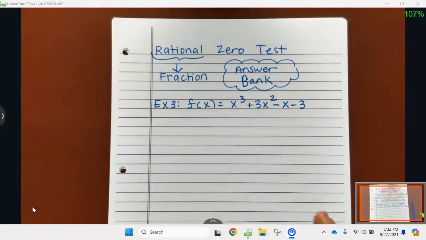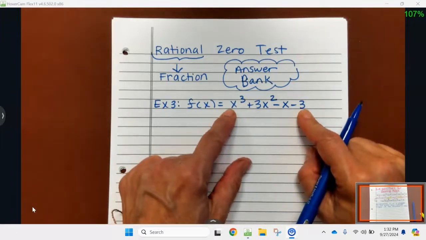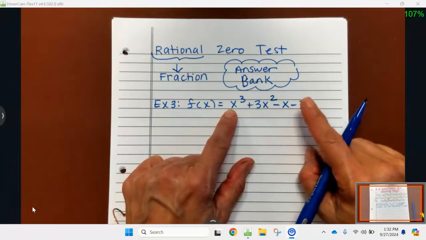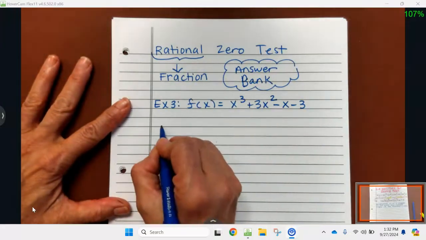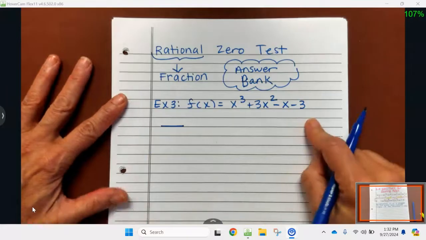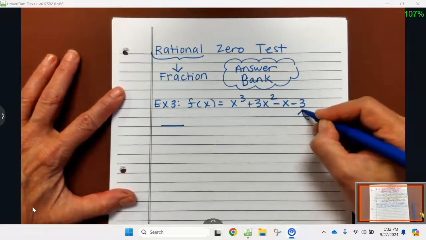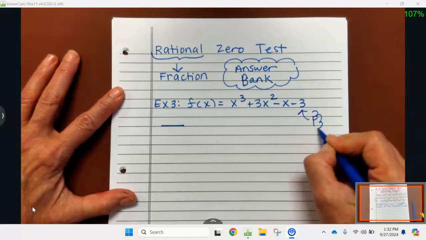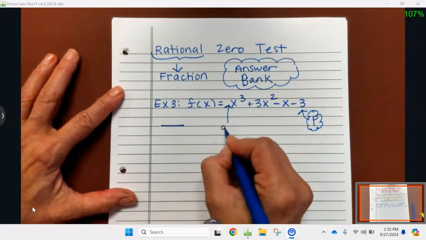So here's the deal. We can take the first and the last number and create our own answer bank. This is going to be a fraction, and we are going to put the p on the top. The p is the constant term. We're going to call this p, and we're going to call this q.